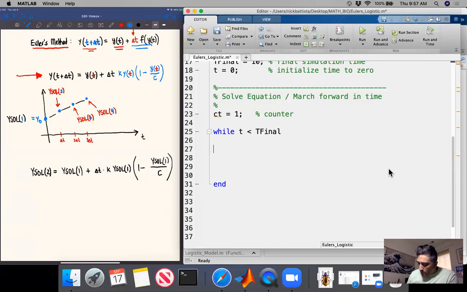So this is how we get y sol at 2. Y sol at 3 would be similar. So what we can really envision here is, well, if this is my counter, what I actually need over here is counter plus 1.